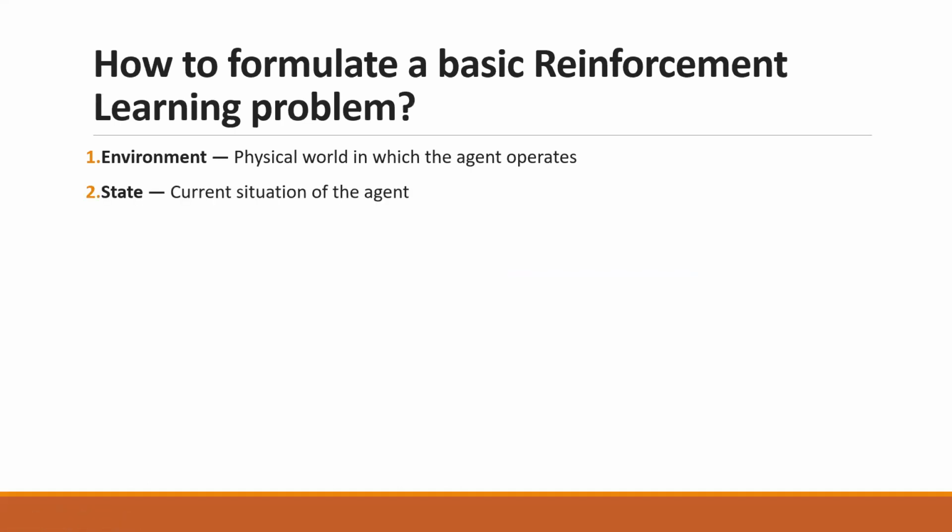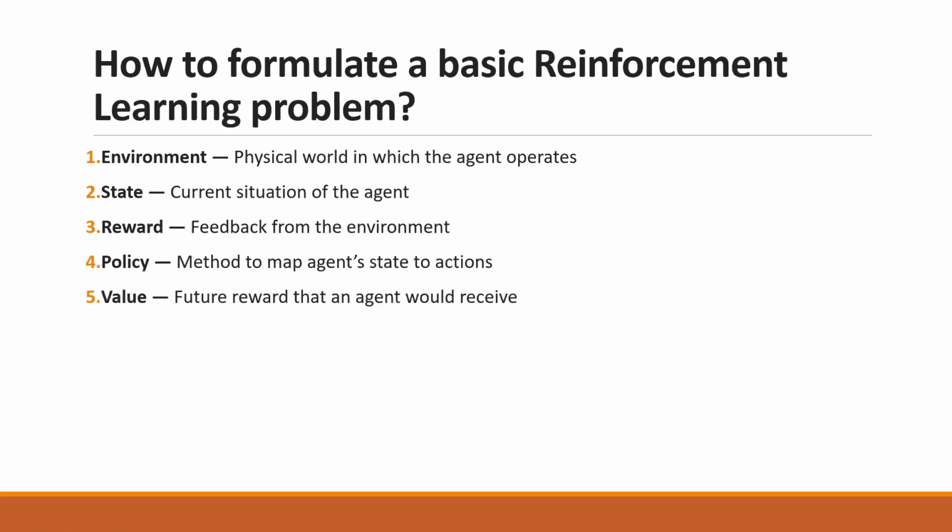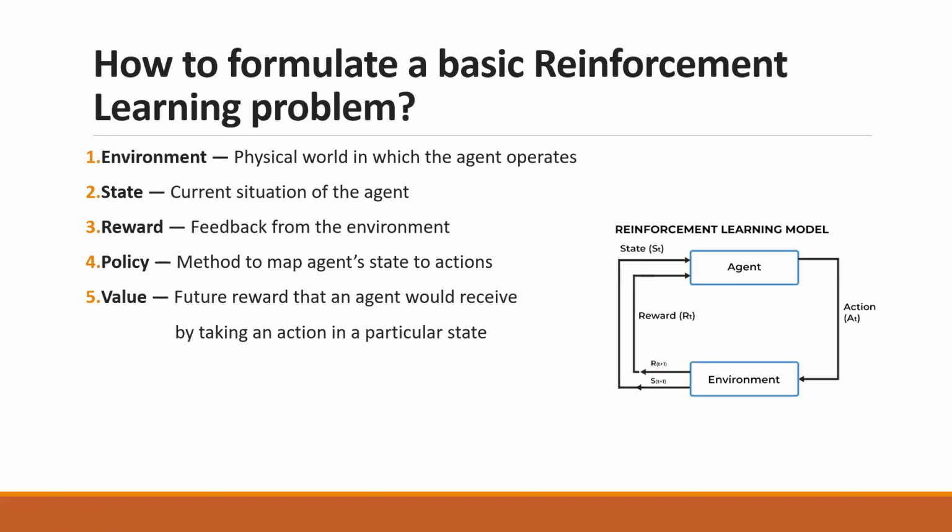Now, these are some of the points on the basis of which we can formulate a learning problem. There is a diagram denoting some major points, like what an agent is, what an environment is, and how they are interacting. The agent is interacting with the environment on the basis of actions.